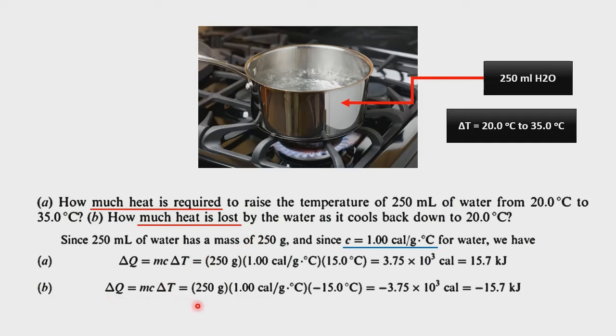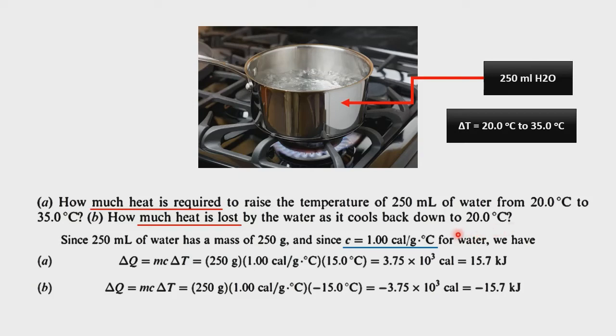And therefore, our mass is equal to 250 grams times C, which is equal to 1 calorie per gram degrees Celsius, multiplied by the change in temperature, where the initial temperature is 35 degrees Celsius and the final temperature is 20 degrees Celsius.